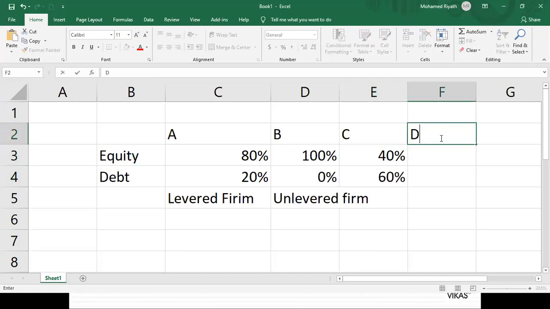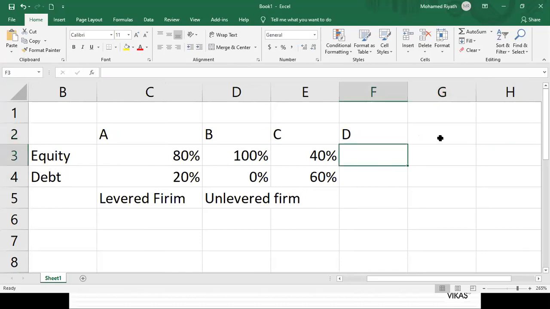And company D has 20% equity and 80% debt. So is that levered or unlevered?